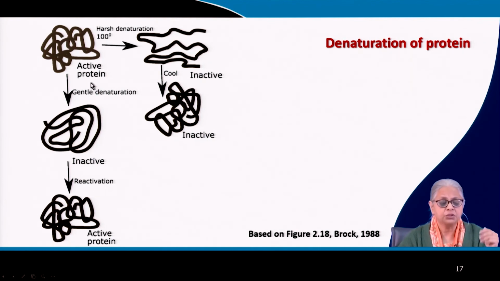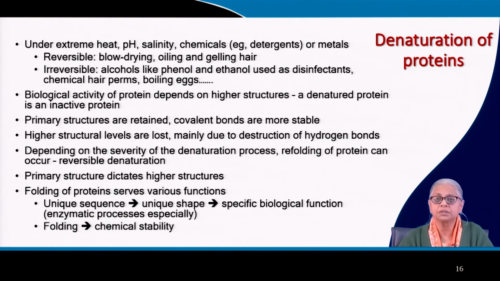If you apply a gentle denaturation agent like mild heat, so blow drying your hair is mild heat, oil or gel is again a mild chemical that you're applying and setting your hair in a particular fashion. When it's gentle denaturation, it will change the structure and the fold, it will become inactive. But then when you remove that factor, wash it out, it'll go right back to its original form. So this is again very important in determining the bioactivity of these compounds or these proteins.